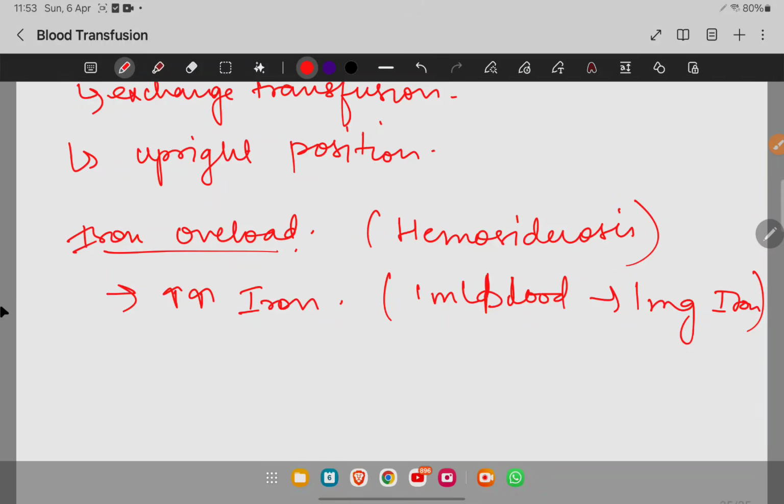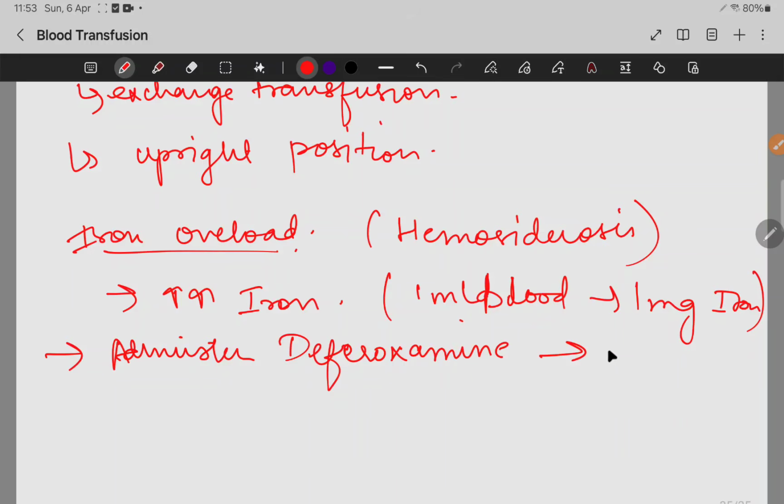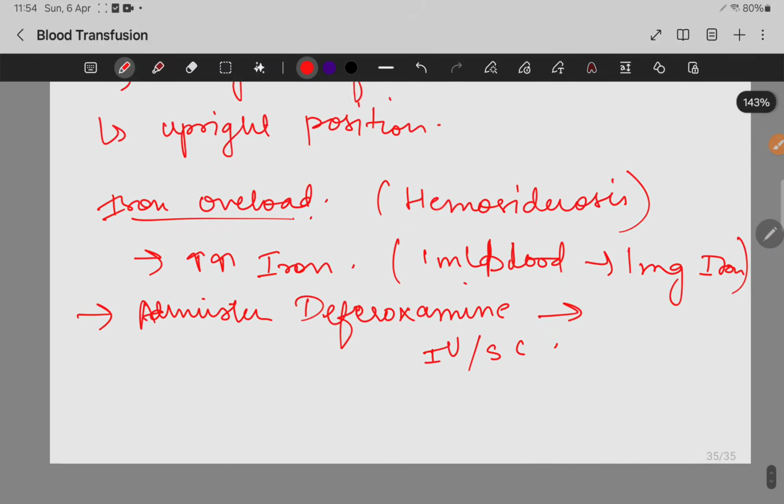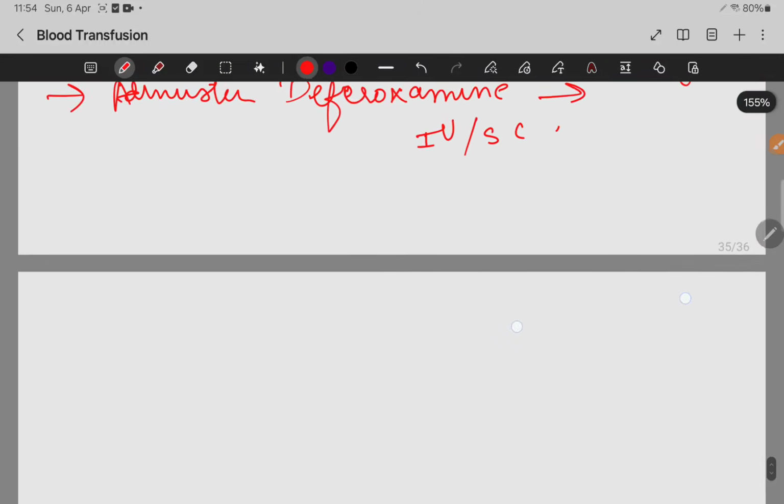Hemosiderosis is abnormal deposition of the iron rich pigment hemosiderin in various tissues like the liver. For that you have to administer deferoxamine, an antidote to iron overload, through IV or subcutaneous route, so that excessive iron is removed through the kidney. This drug will give you red colored urine, because iron is getting excreted in the urine.